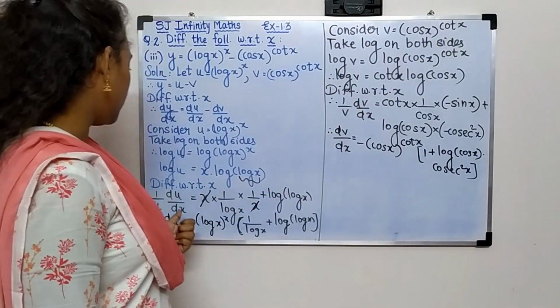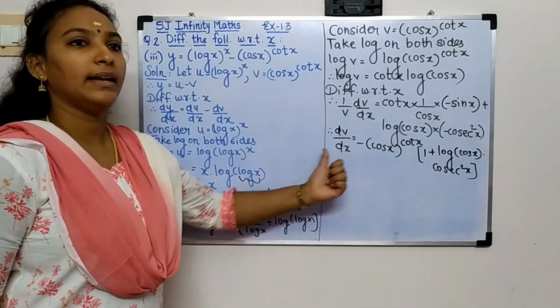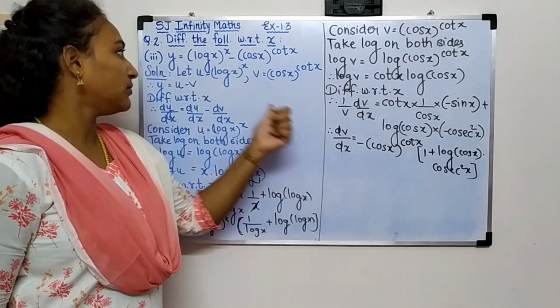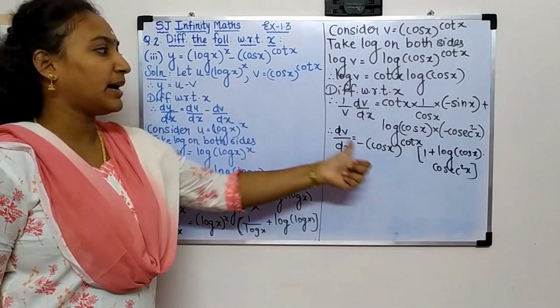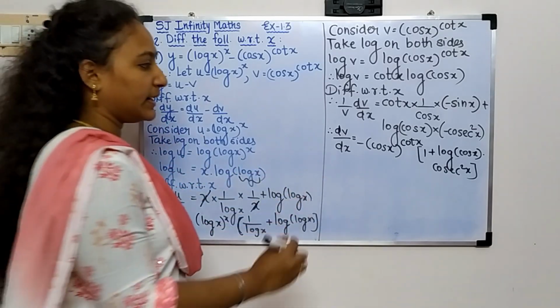See, now we have du by dx and dv by dx. We can add them together. See, dv by dx is in the negative form, so minus into minus will give you the positive. Let us calculate dy by dx.